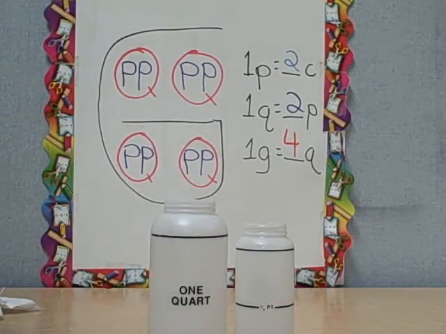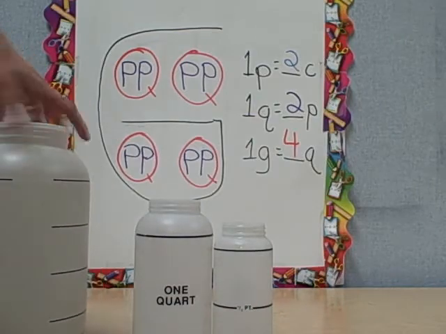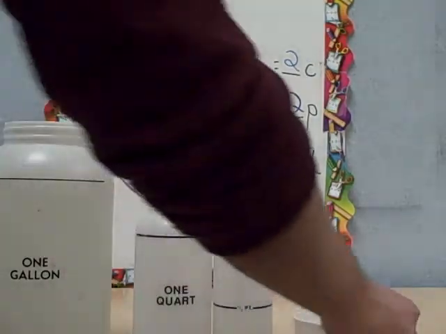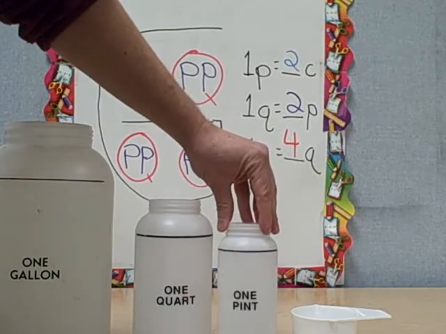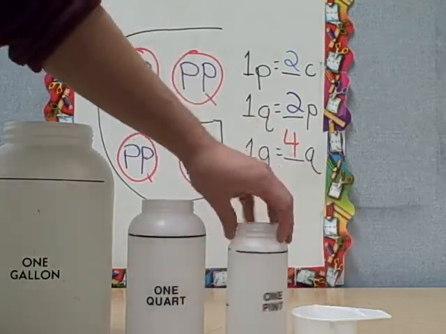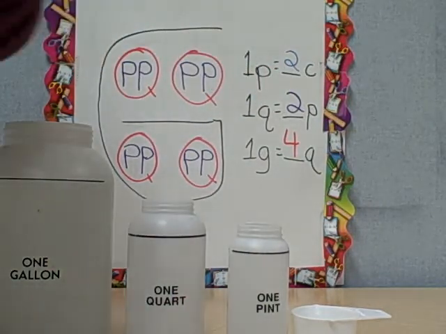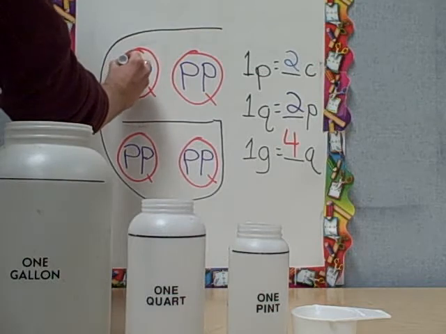Two pints per quart. And finally, how many cups did it take to fill the 1 pint? 2 half pints or 2 cups. So in each pint, I'm going to put 2 little C's for cups.